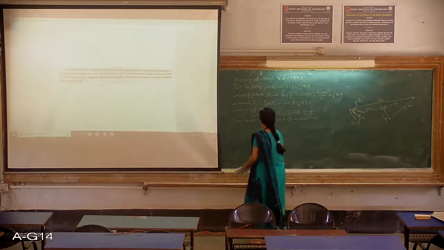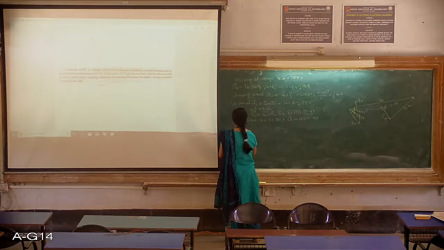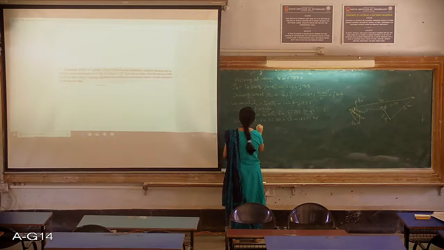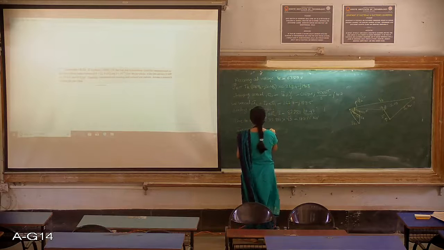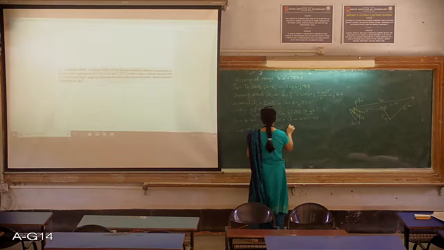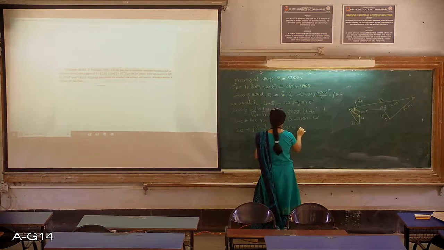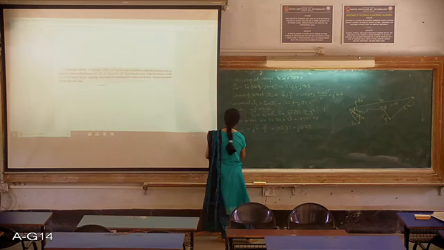Write the expression for IC2: IC2 will be again J into Vs into Y by 2. Here it was VR, now it is Vs. So you get the answer minus 3.81 plus J 18.25.